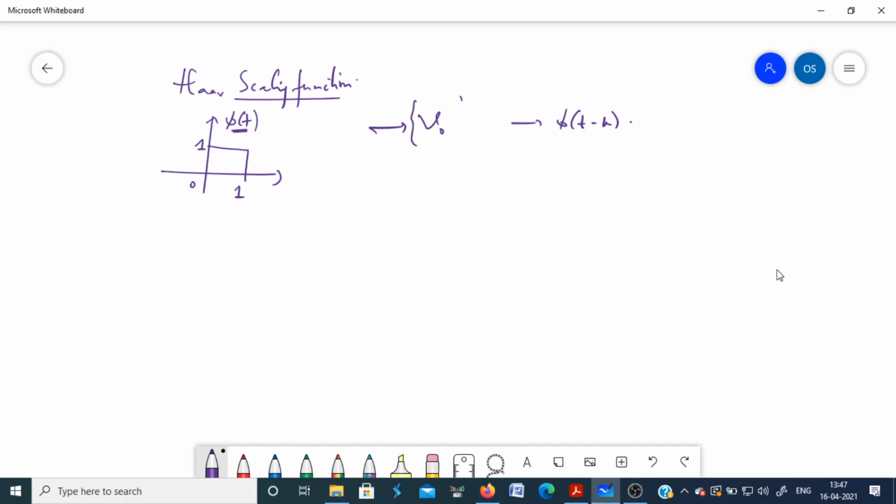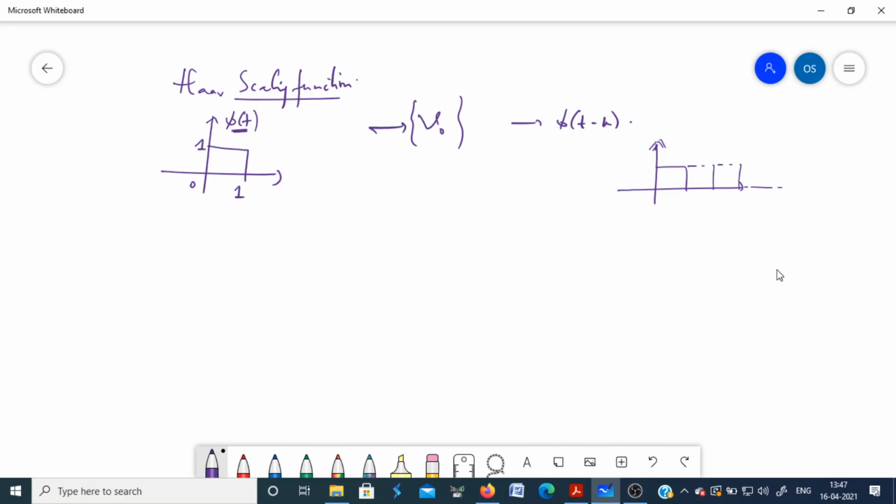that set basically gives you this space v naught. If this is my Haar scaling function phi t, then I can take phi t minus 1, which will be shifted by 1 to the right. Then phi t minus 2, shifted by 1 more to the right, and so on.